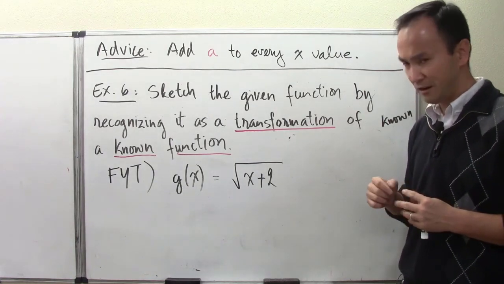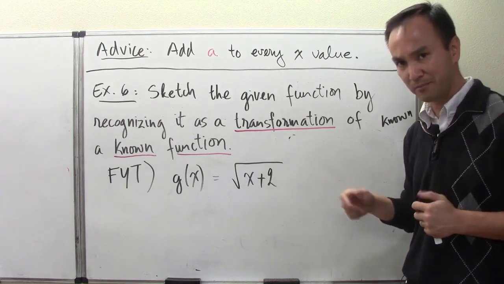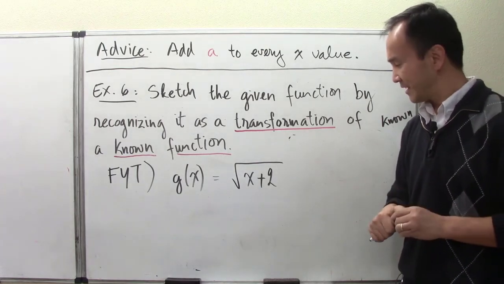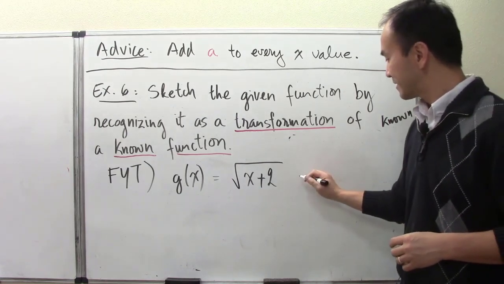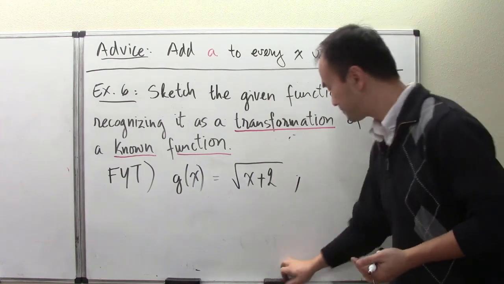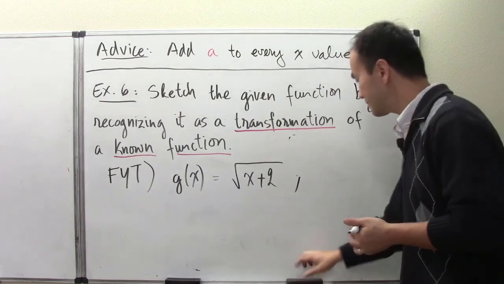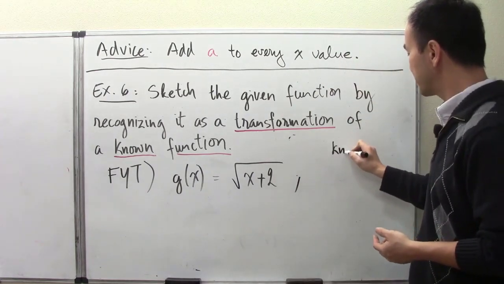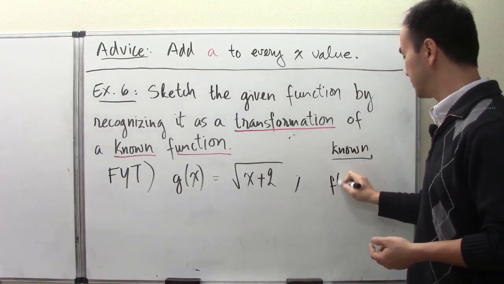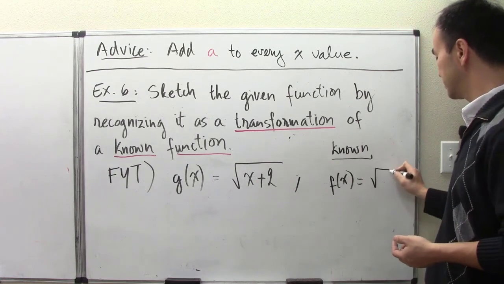Now, assuming that you came back from pausing the video to get your own problem done, then without showing you the thought process, the known function, or parent function, should be square root of x.